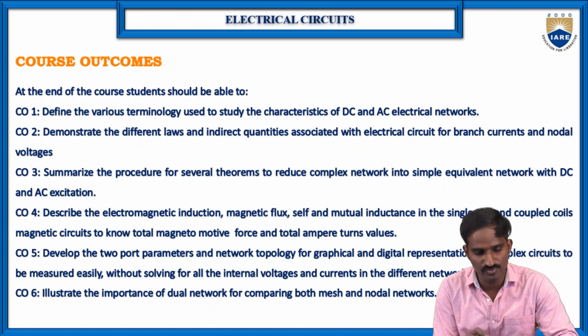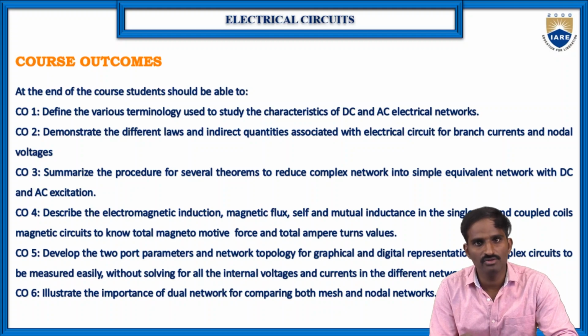Which means the student should be able to demonstrate the various laws associated with electrical circuits, as well as the indirect quantities which help to analyze them. Again, these are the basic network reduction techniques, the nodal and mesh analysis.